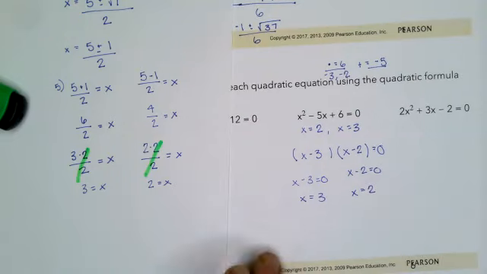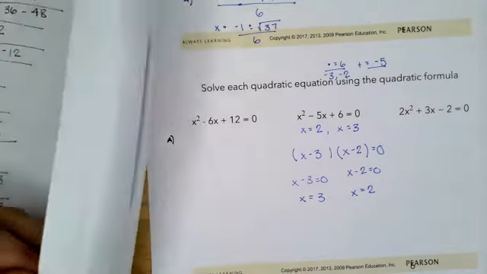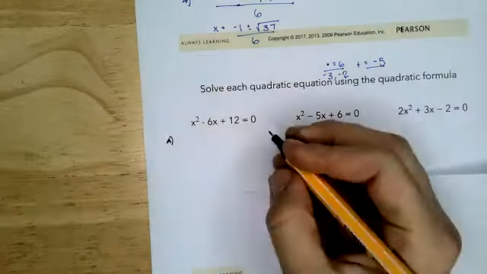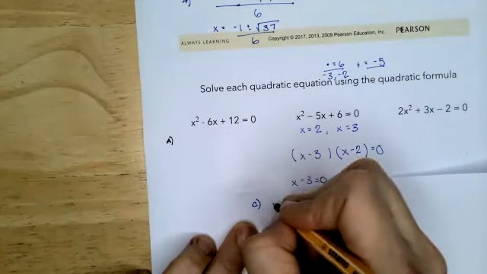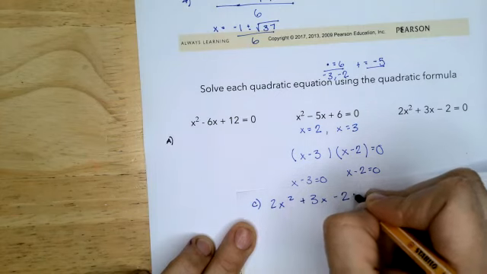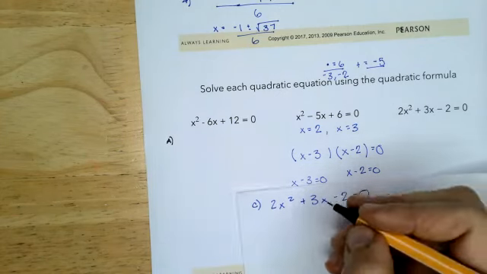I wonder if we have time for letter C or no? Yeah, let's do it. All right, letter C. Is 2x squared plus 3x minus 2 equals 0.